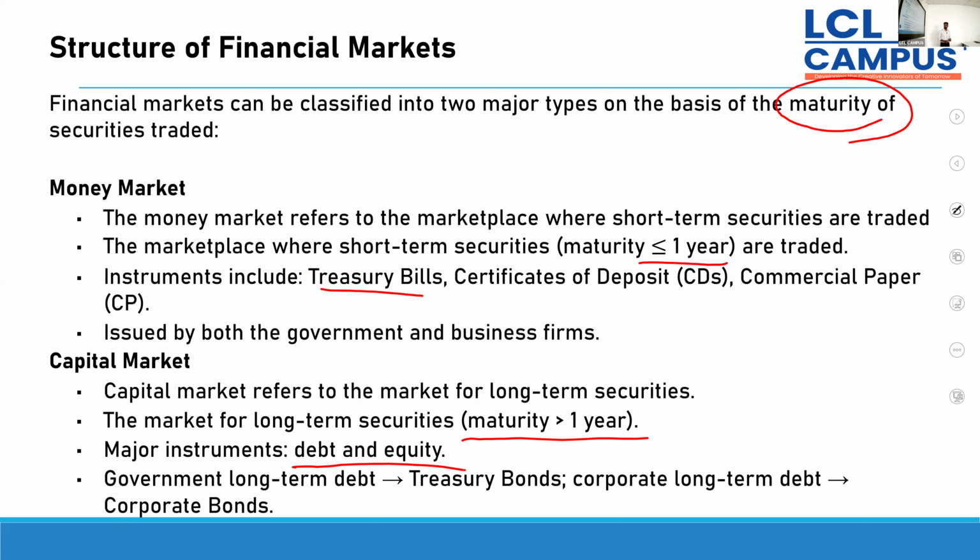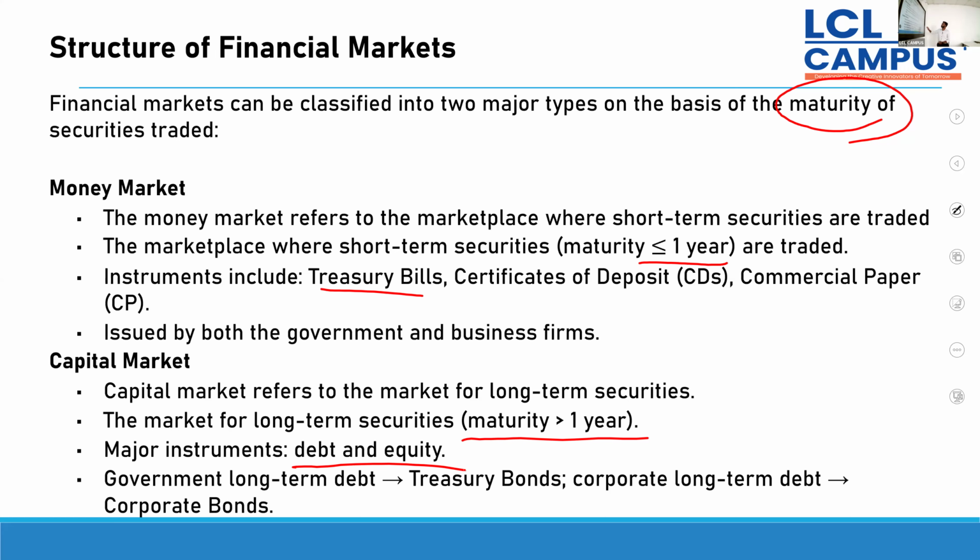Normally, these two only come under equity, ordinary shares and preference shares. And under debt, you have the bonds, corporate bonds, as well as the treasury bonds, right? Debentures as well.